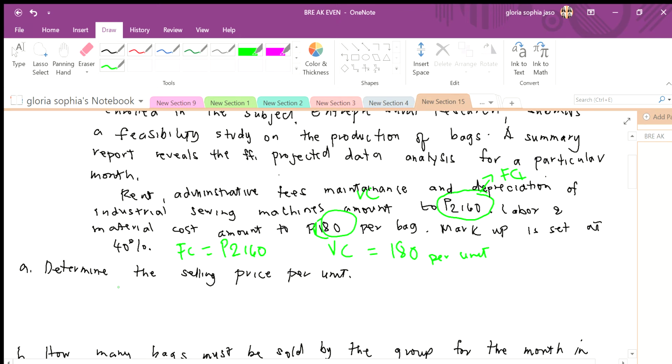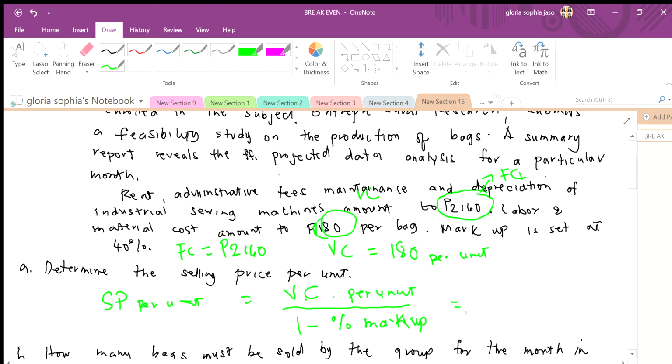So first question, determine the selling price per unit. The formula for selling price per unit is: selling price per unit is equal to variable cost per unit over 1 minus percentage of markup.